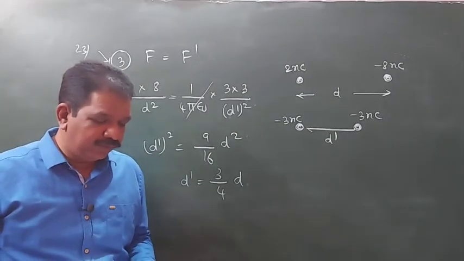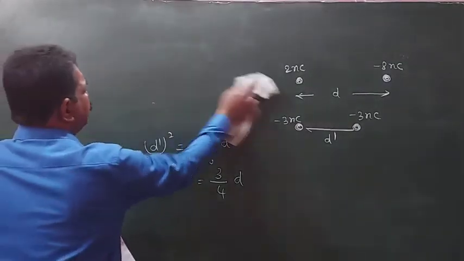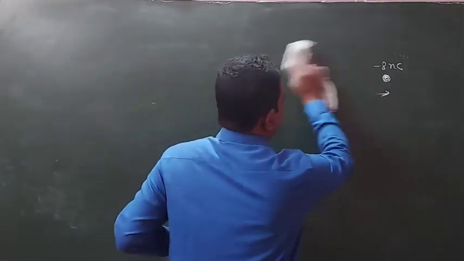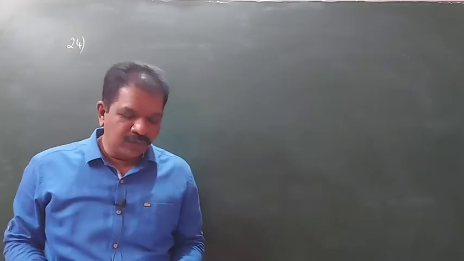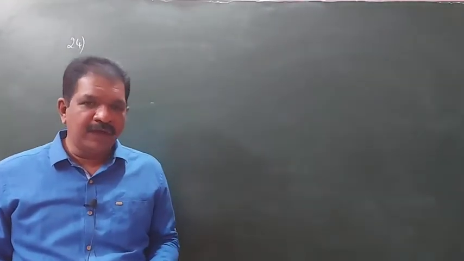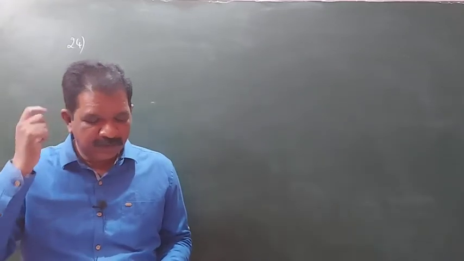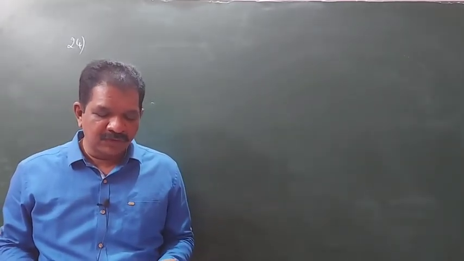Next, 24. What they are asking, see. A system of two capacitors of capacitance 2 microfarad and 4 microfarad is connected in series across a potential difference of 6 volt.